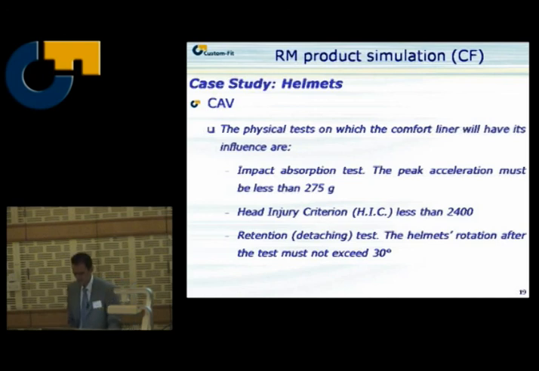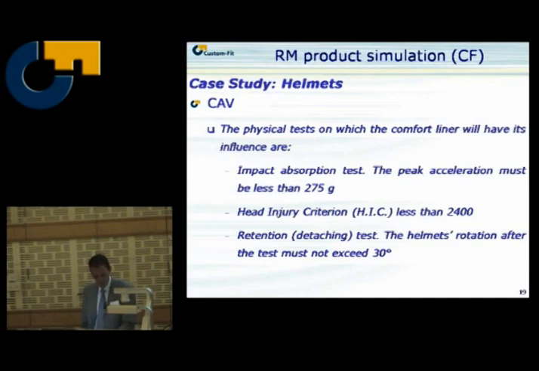These are the tests that the comfort liner will have its influence. The first one is the impact absorption test, where the peak acceleration must be less than 275 Gs. The head injury criteria should be less than 2,400.